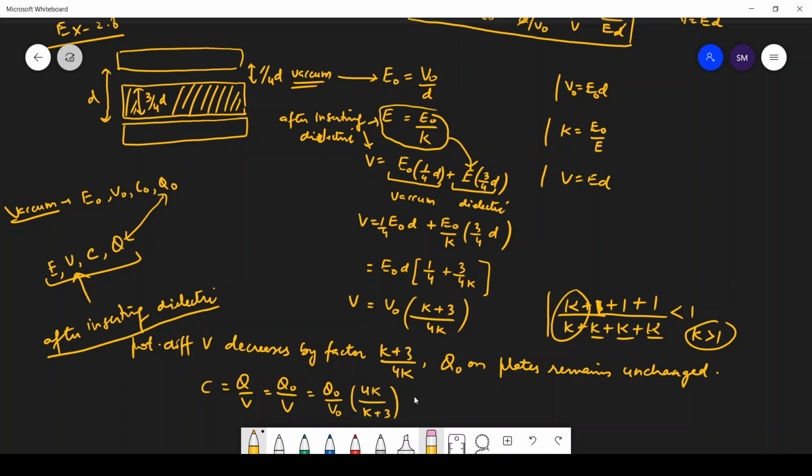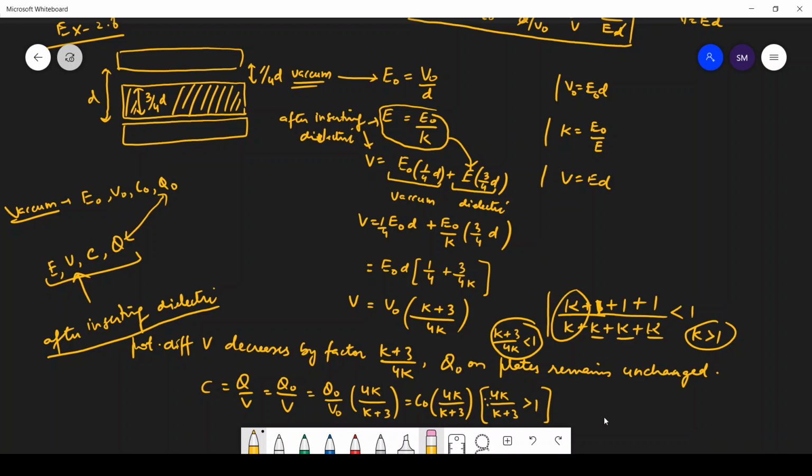So this is the capacitance, and as this factor K plus 3 upon 4K was lesser than 1, we just proved it, obviously its reciprocal, 4K upon K plus 3, will be greater than 1. And Q naught upon V naught is C naught. So C equals C naught into 4K upon K plus 3. So it means the capacitance is increased by the factor 4K upon K plus 3.